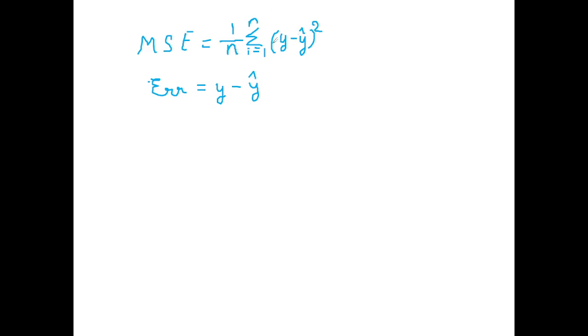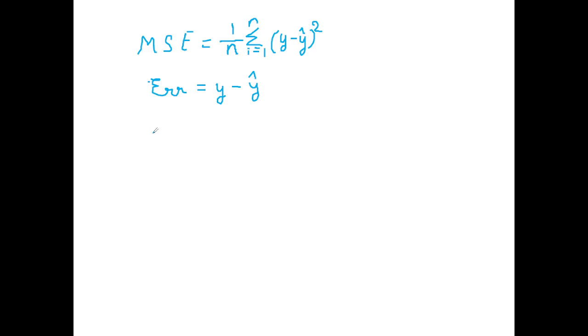This is the formula for mean square error. It's very simple. Error is nothing but actual value minus predicted value. Next, take its square. And third, take its mean: take its summation and divide it by n. This is mean square error.